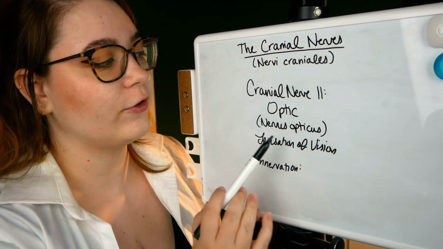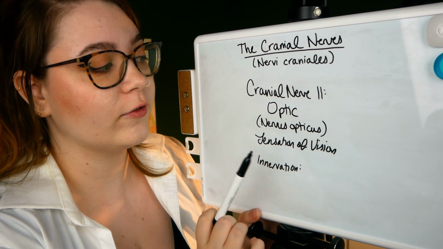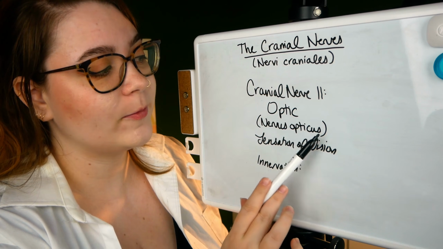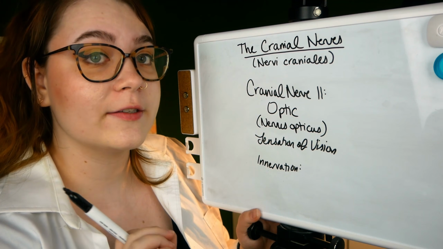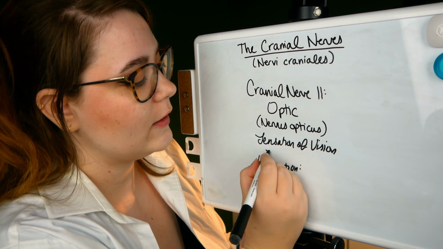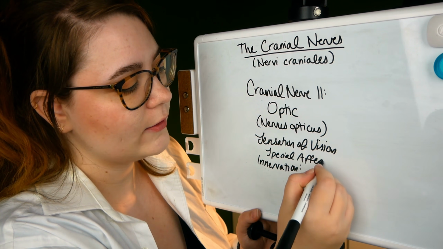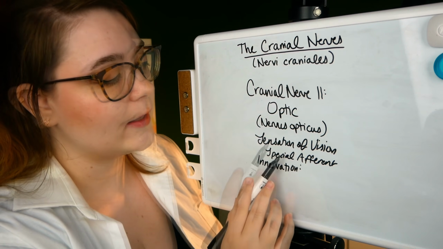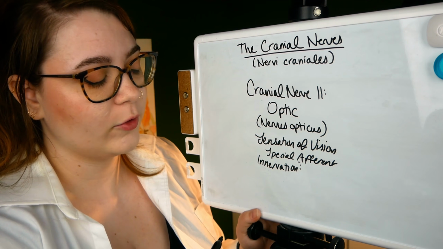Our next cranial nerve is cranial nerve number 2, the optic nerve, or nervus opticus. And this is the nerve that supplies vision. So this is a special afferent nerve sending special sensory information to the brain.